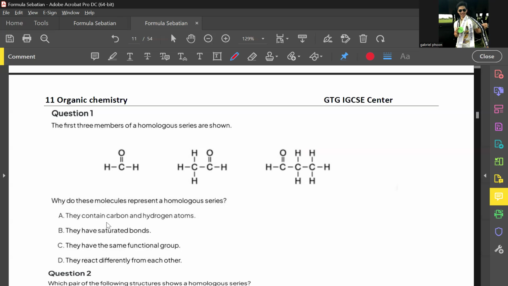They contain carbon and hydrogen atoms. No, they have saturated bonds. No, they have the same functional group. Maybe they will react differently from each other. No. So answer is C. They have the same functional group, but they all have the COOH group.